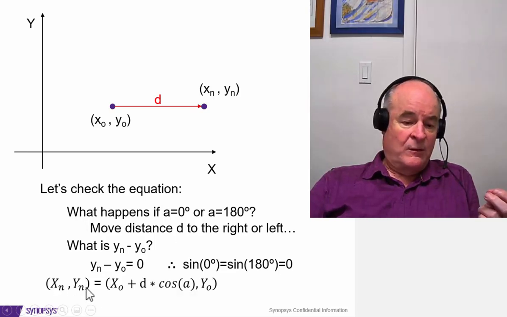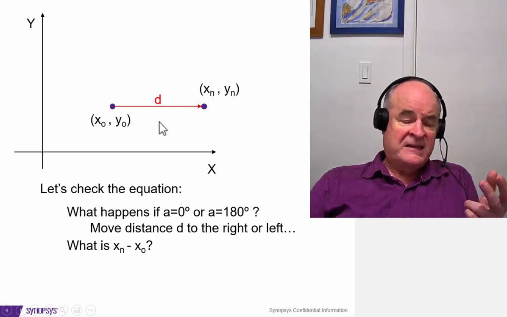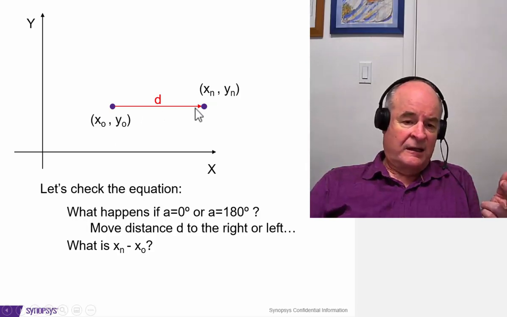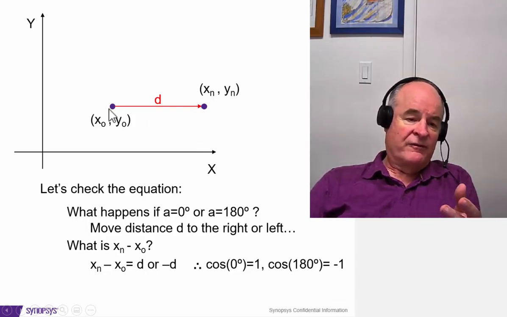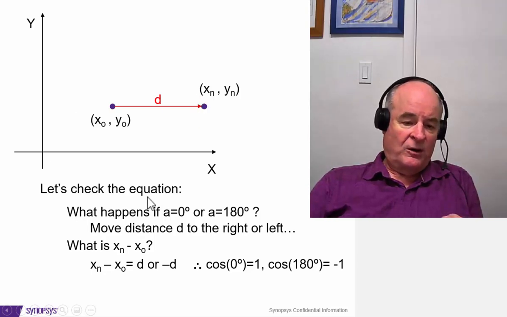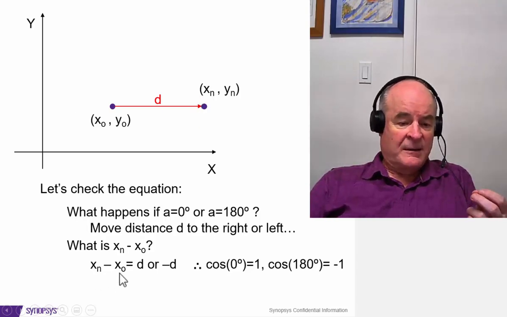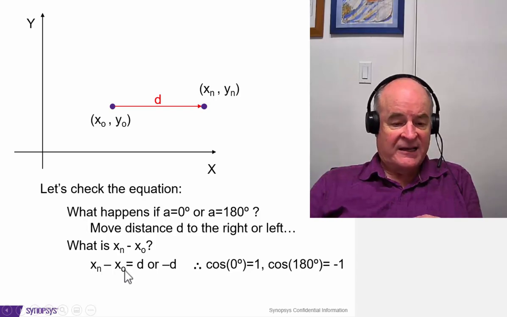So we get xn, yn is x0 plus d times the cosine of A, and just y0. Now in the x case, the distance between xn and x0 is delta x, which in this case is d, or minus d if it's 180 degrees. You go from here negative, right? And xn would be smaller. So xn minus x0 is d or minus d.